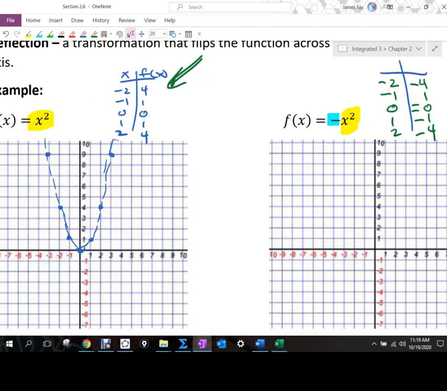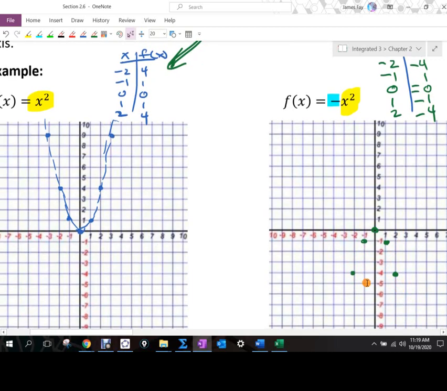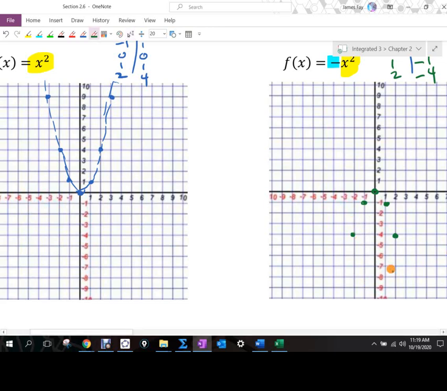So when I plot those, 0, 0, now it would be 1, -1, 2, -4, -1, -1, -2, -4. Do 3, -9, and -3, -9. And try to connect them.